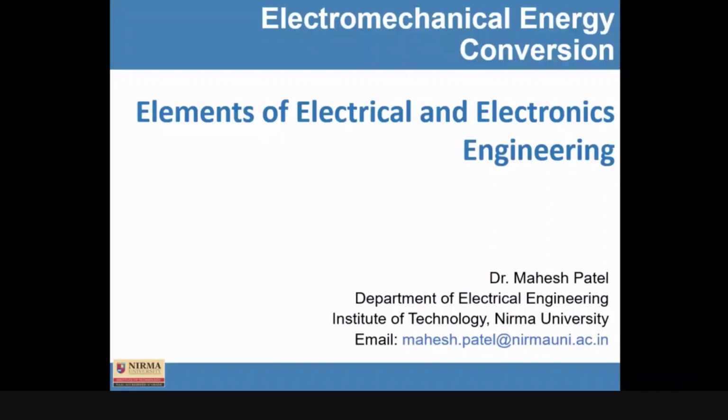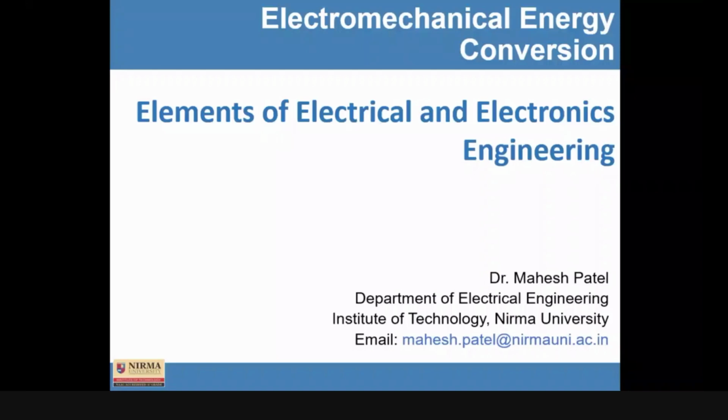So we know that while converting electrical energy into mechanical energy, or mechanical energy into electrical energy, we need motors. Here we are going to discuss the various motors used in electrical subjects.